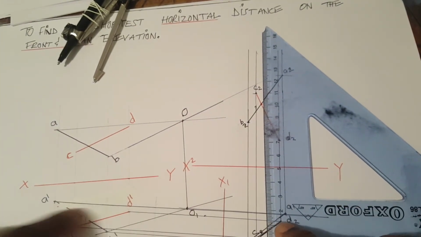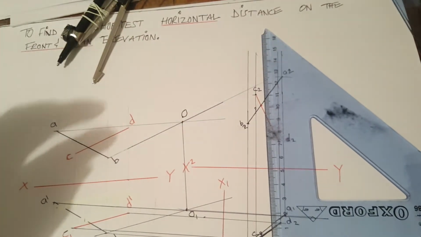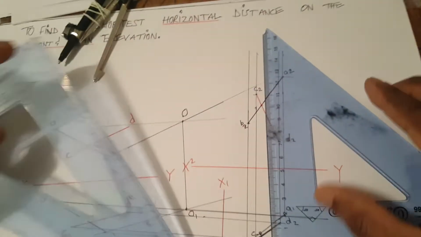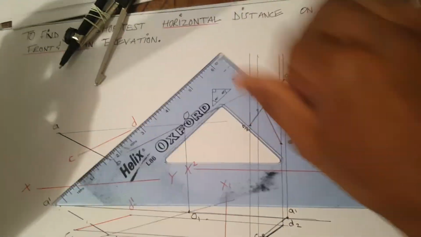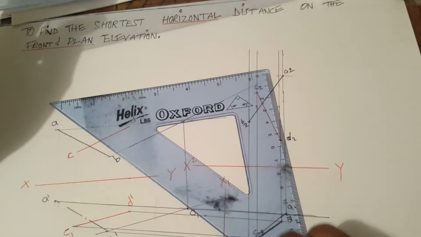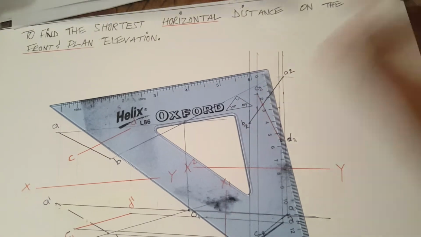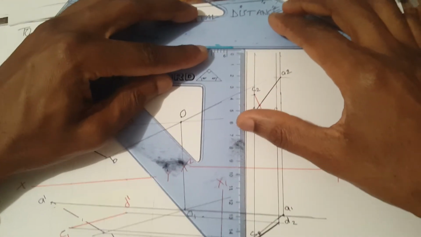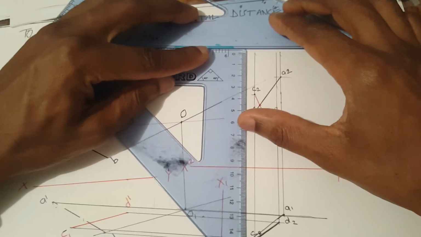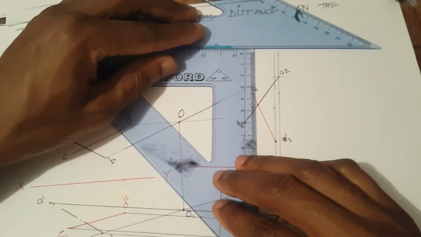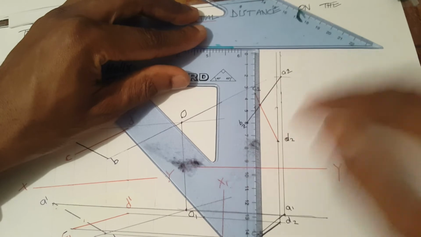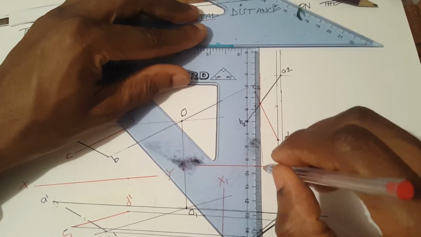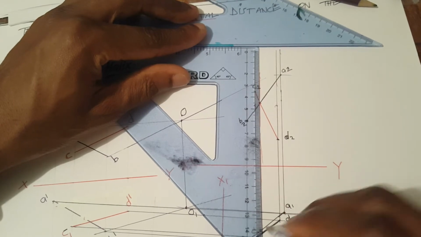Then we're going to bring them across. So let me do that quickly. So I draw a parallel line here, parallel line across to this. And I'll then bring that down to this point right here.